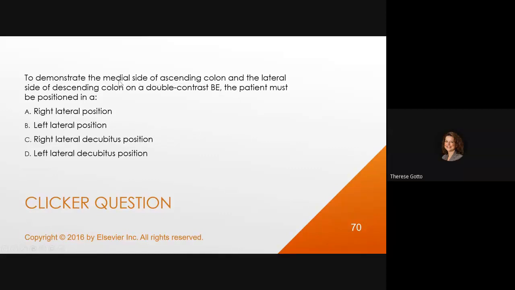So I need to be laying on my right side. That's going to demonstrate the medial side of the ascending colon and the lateral side, the upside, of the descending colon. So I'm going to need to be in a right lateral decube. Don't forget the decube part, because otherwise it's just a right lateral and everything's superimposed. Okay, and that's the end of that PowerPoint.